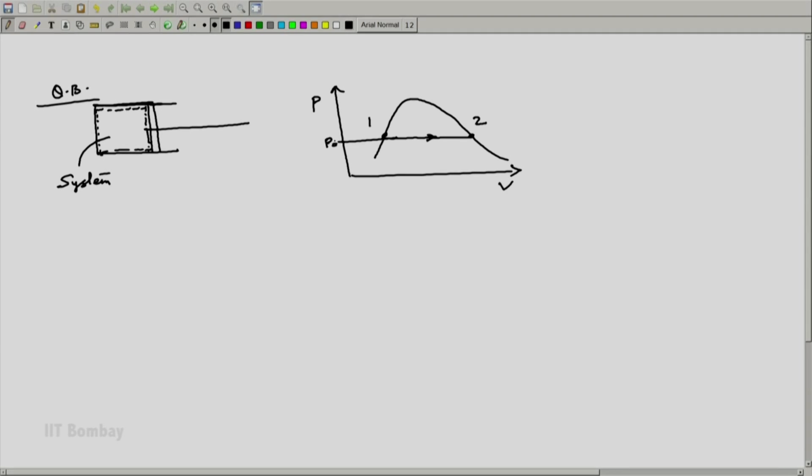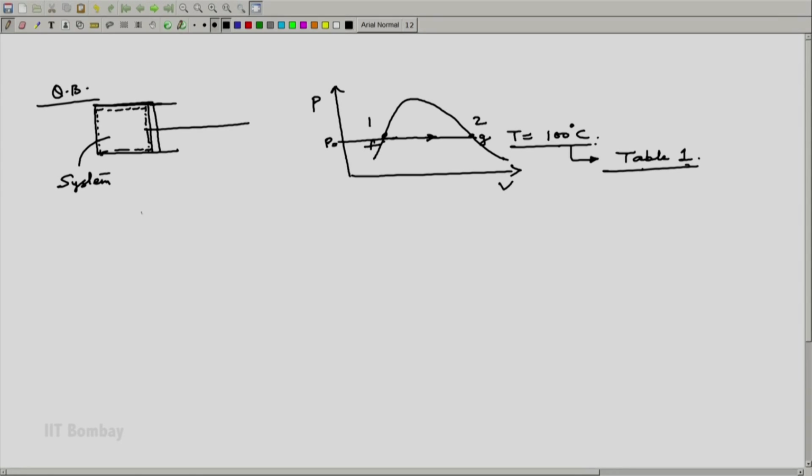We have been given the temperature T equal to 100 degree centigrade. That means we should refer to table 1. We locate 100 degree centigrade and get the values at the f point and the g point, because the initial point lies on the saturated liquid curve and the final point lies on the saturated vapor curve. So we get the f values and the g values and we can solve the problem.